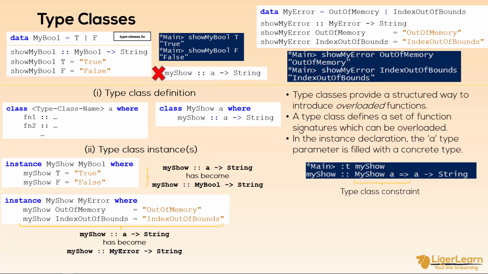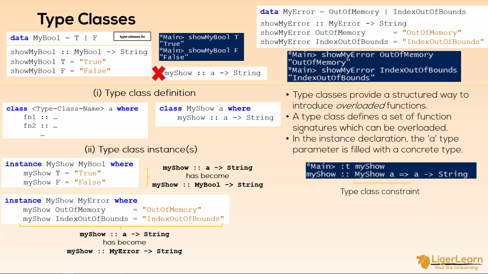But with a type class constraint, we read this as a function which takes in any type which has an instance of the myShow type class and returns a string. Effectively, we are constraining the type parameter a to only belong to those types which have an instance for the myShow type class. This restriction means that we know that the type of the parameter passed in will have an overloaded definition of the myShow function which can be called.